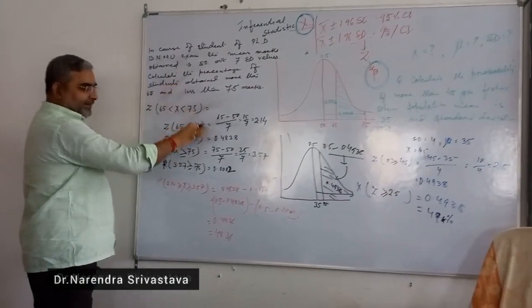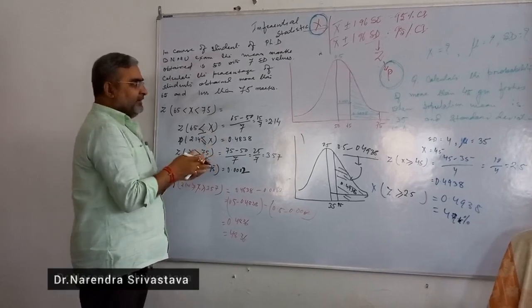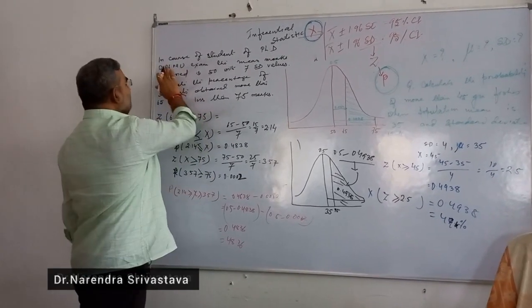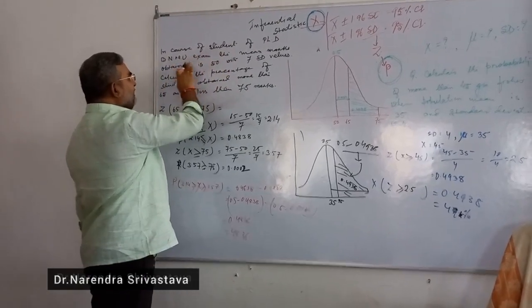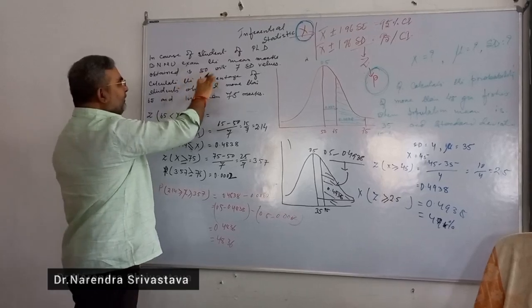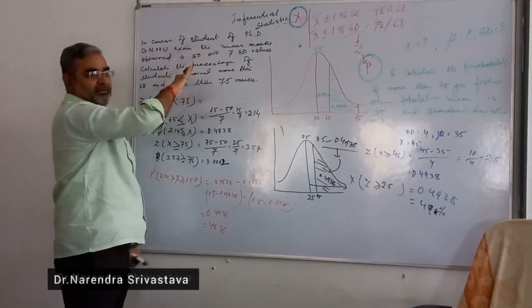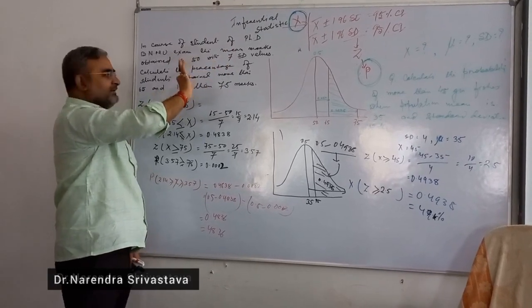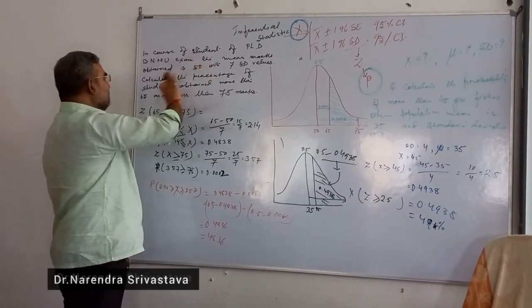And here, in the second condition, we want to obtain a range. And here the question is, in course of the students of PhD in geology, the mean mark obtained is 50 and the standard deviation is 7.